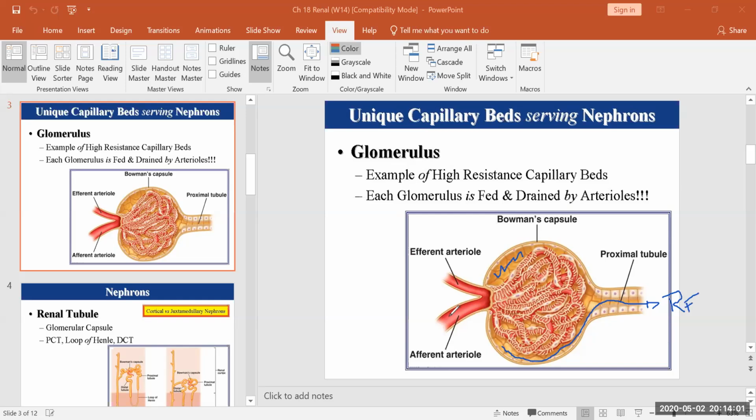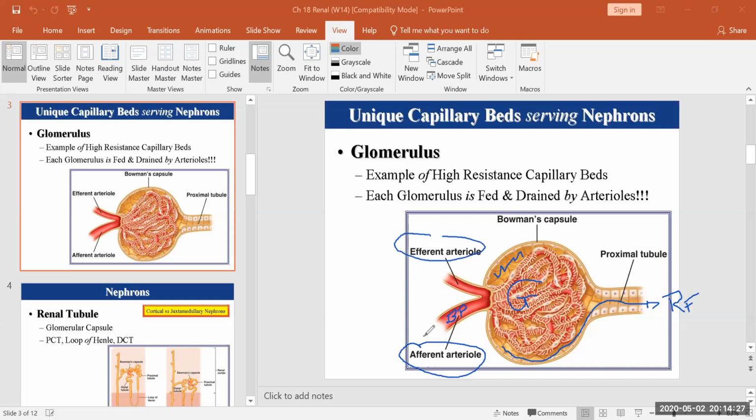In here is blood containing blood plasma, BP stands for blood plasma, that can be filtered out by this glomerulus. So this is the capillary bed, glomerulus. You have the arriving blood vessel and the exiting blood vessel.